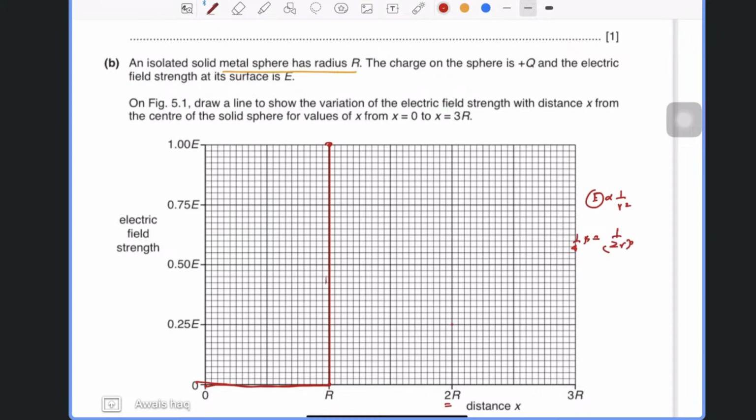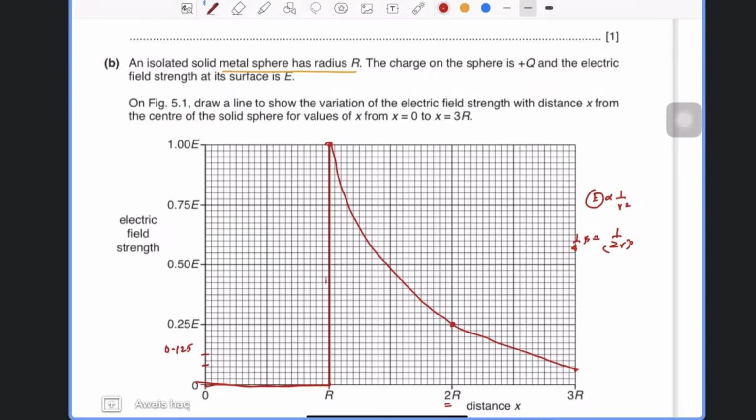So at 2r you write 0.25, and at 3r it is going to be 1 upon 9, so 0.11. I think it should be somewhere here, and that would be here. So you then make a smooth line to cover that up like that. Is it clear, everyone?